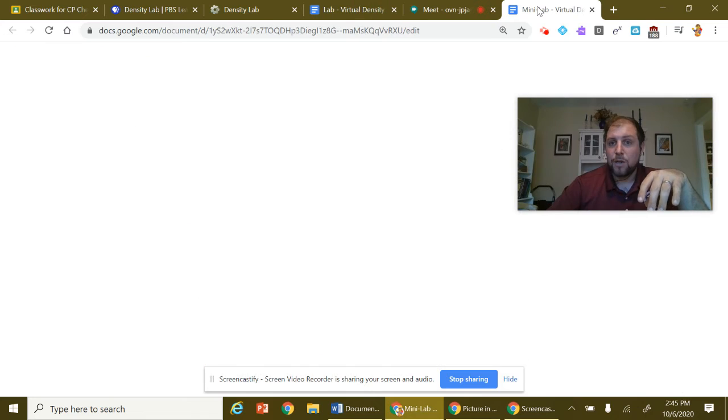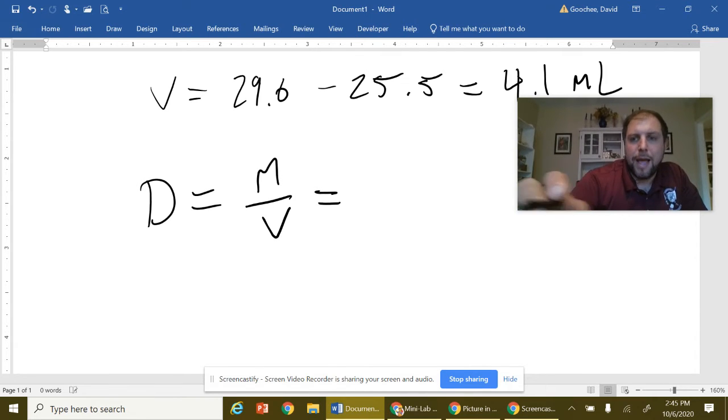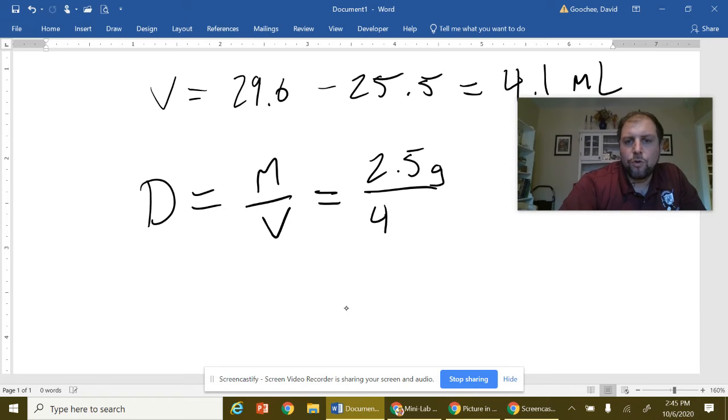Okay, so once again, density equals mass divided by volume. The mass was 4.1. No, that was the volume. Sorry. The mass was 2.5 grams. The volume was 4.1 milliliters.